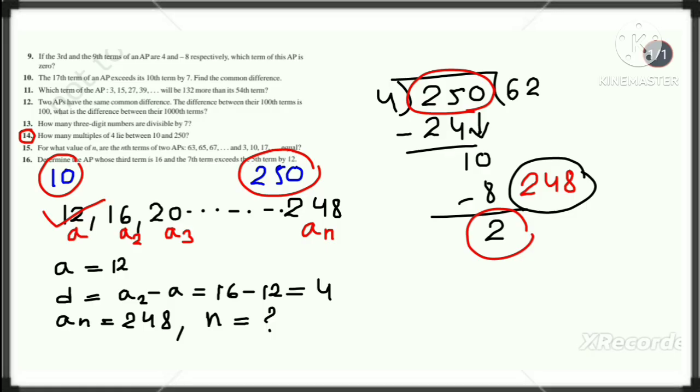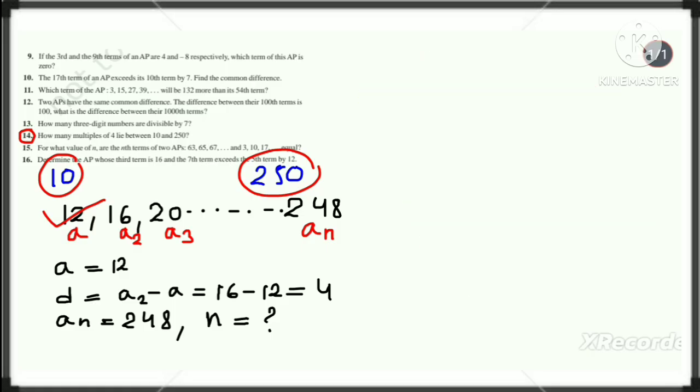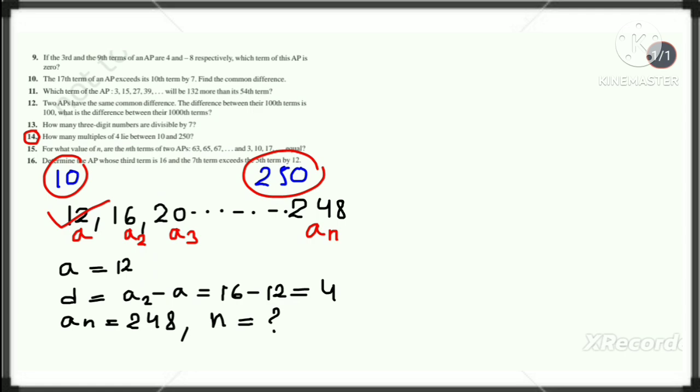We can easily find this number of terms by using a formula. Firstly, let's erase this. Our formula is A plus n minus 1 into D equals An.